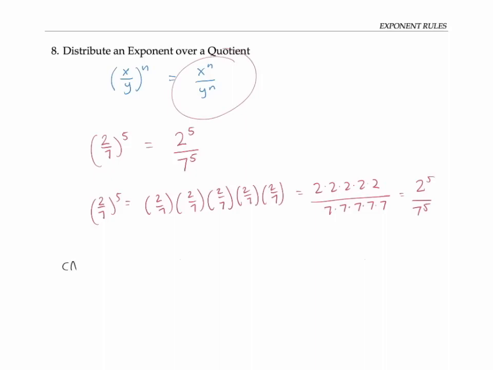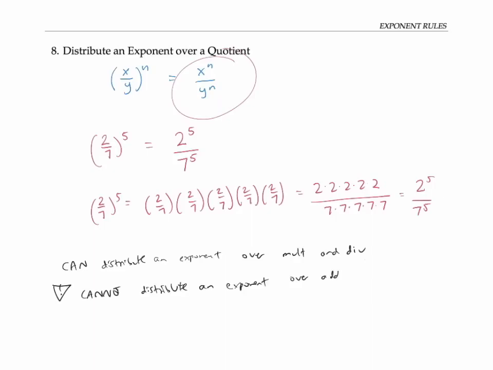We've seen that we can distribute an exponent over multiplication and division. But be careful, because we cannot distribute an exponent over addition or subtraction. For example, a plus b to the n is not generally equal to a to the n plus b to the n.